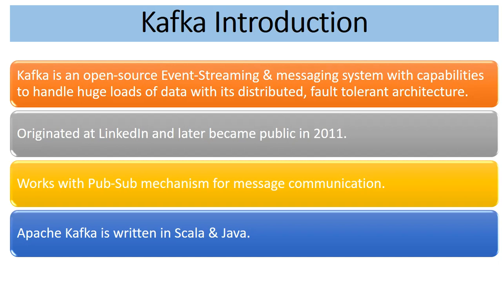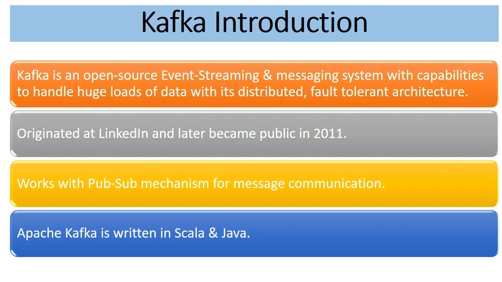Then it becomes very important for any organization that the messaging systems they are using should be capable of handling a huge flux of data, and they should be highly scalable and fault tolerant, so that we don't lose any data and we don't have any delays or latency involved. So the good thing about Kafka is that this open source event streaming platform does possess all these features, and it's capable of handling millions of messages per second.